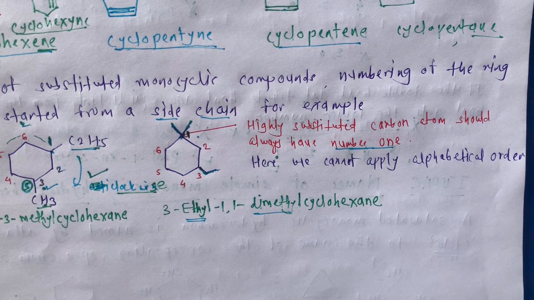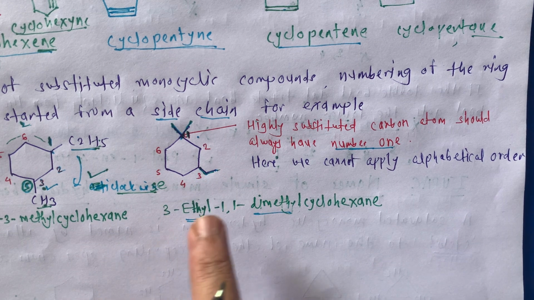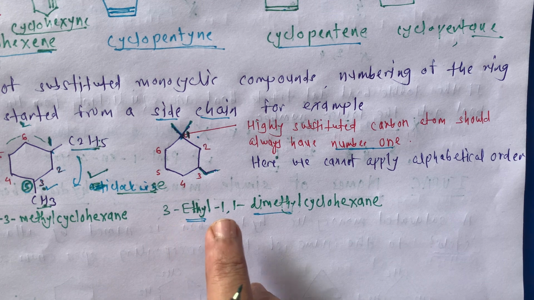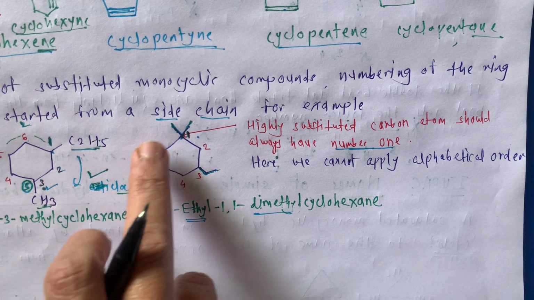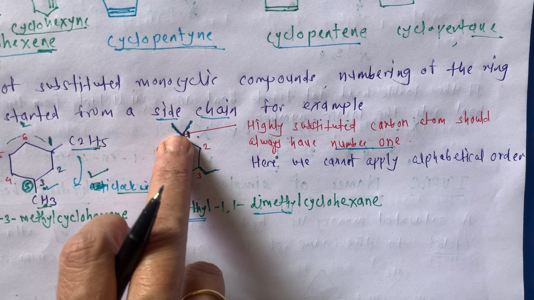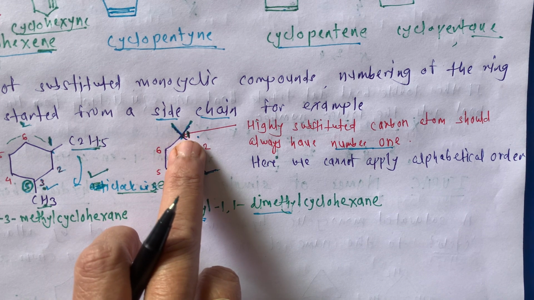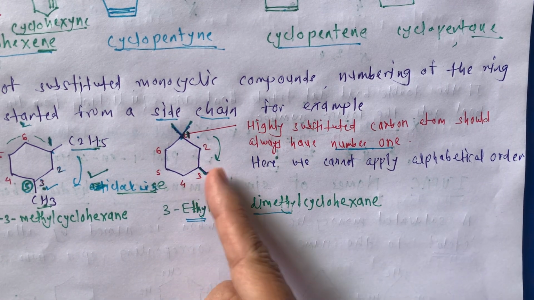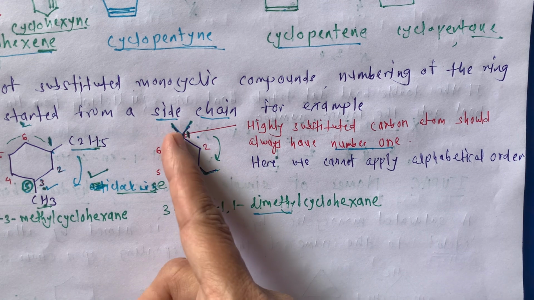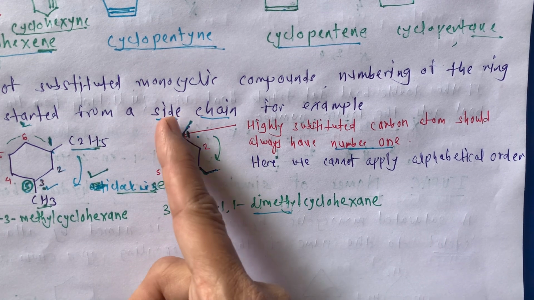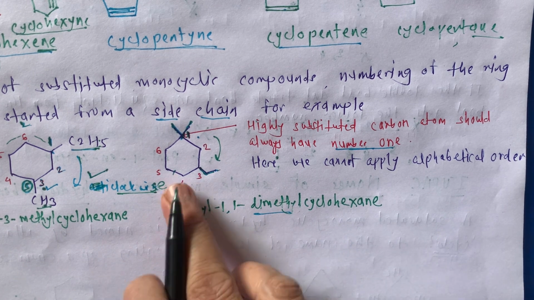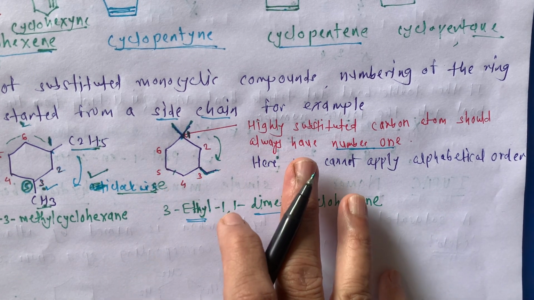Now here in writing we will follow alphabetical order, but the numbering is not done by alphabetical priority. Here it is always the highly substituted carbon that will have number 1. So now this is number 1, then clockwise this is the ethyl group, this is 1 and 2 carbon, so this is ethyl, and these are only 1 carbon each, means these are the 2 methyl groups. This is the bond line formula where we are not mentioning carbon and hydrogens.